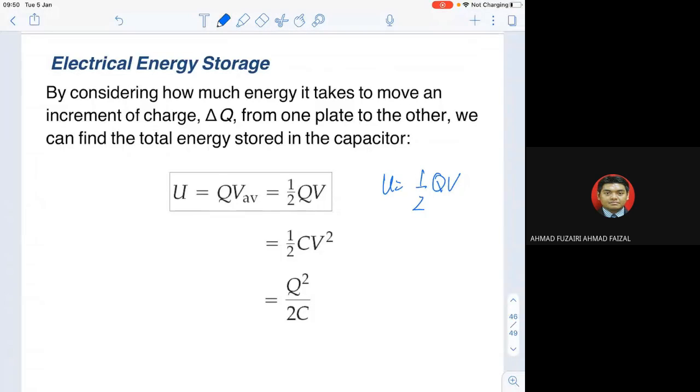And maybe you can write it down as half CV squared, or also as Q squared over 2C. It is convenient, you can use three different equations in order for us to calculate the electrical energy storage of the capacitor. As I mentioned, it's all about storing charge and also storing energy.